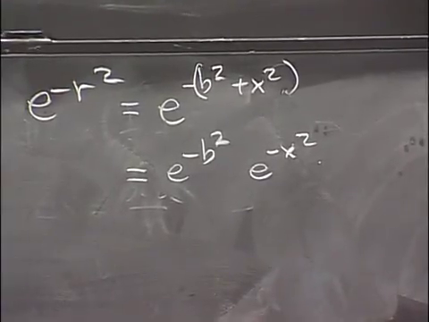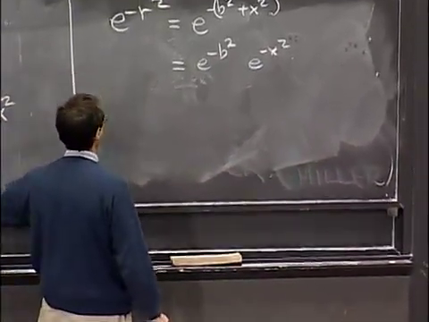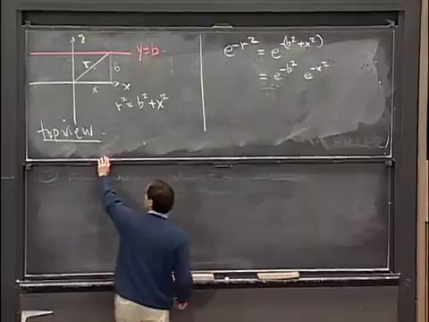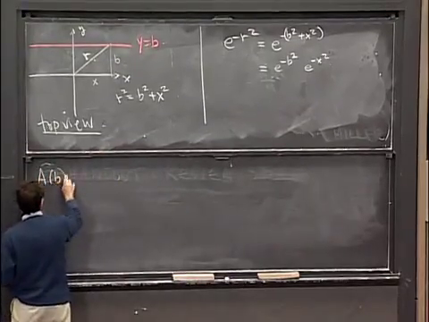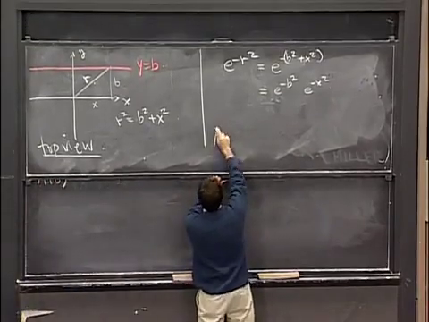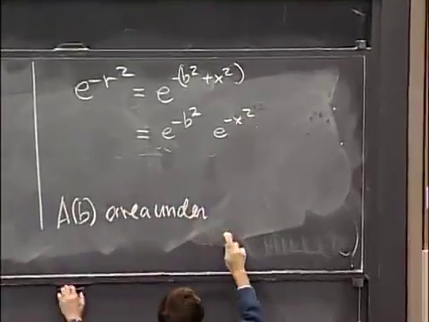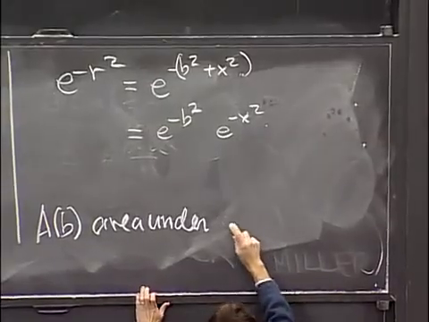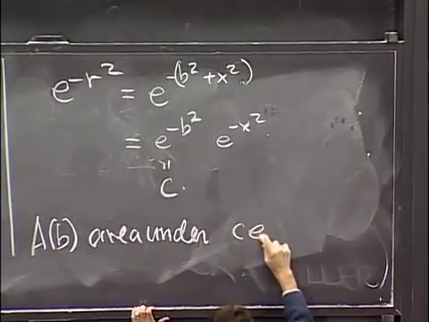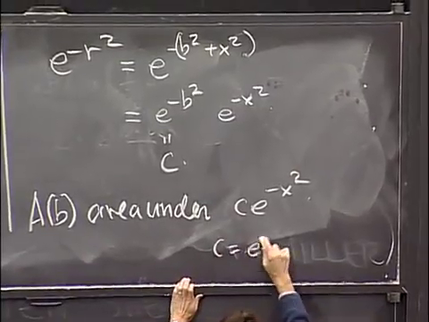Okay? So now I get to compute what A of b is. A of b is the area under a curve. Let me write it over here: A of b is the area under this curve here, which is some constant, call it c, times e to the minus x squared, where c is equal to e to the minus b squared.